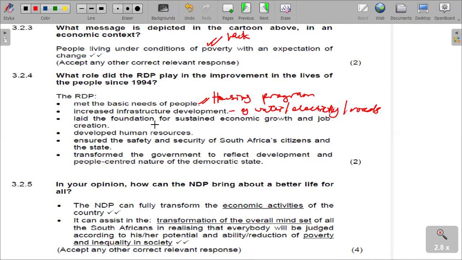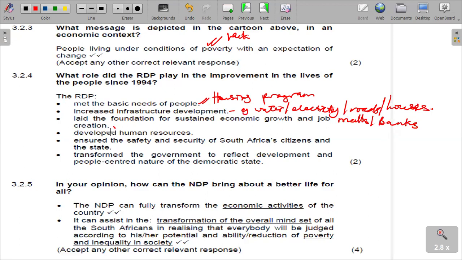We have water, and even in terms of housing themselves, houses. There is good infrastructure there. We also have shops and malls that are built there, and also banks as examples of that, which laid the foundation for sustained economic growth and job creation.